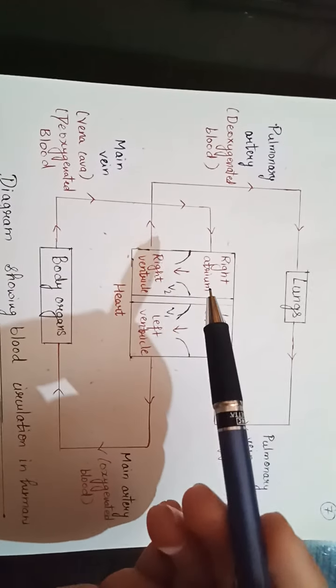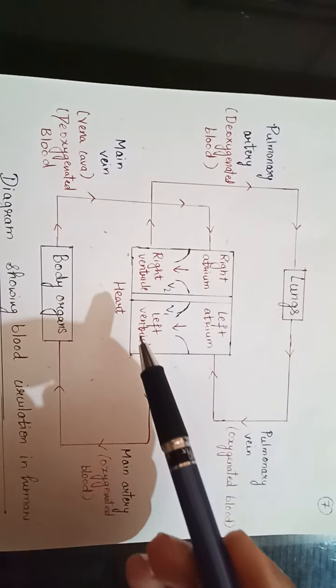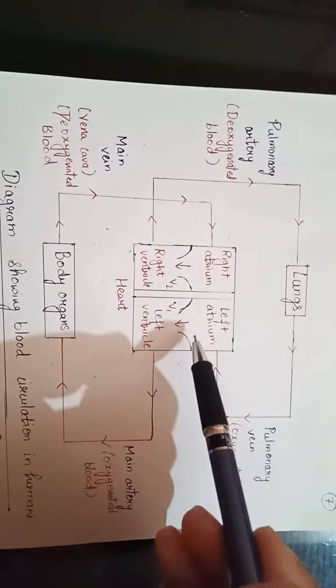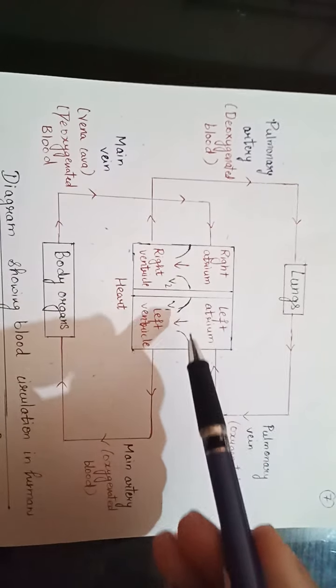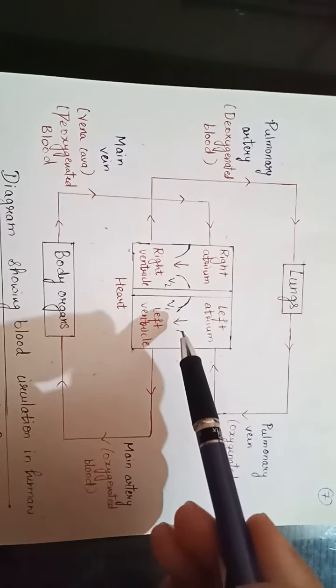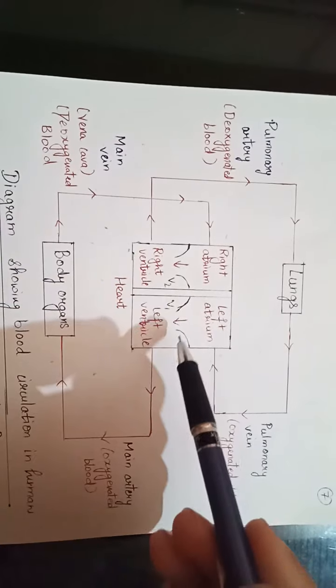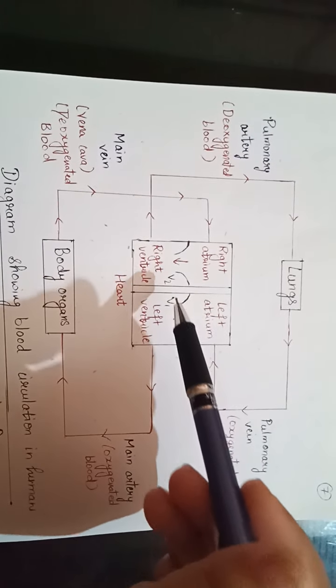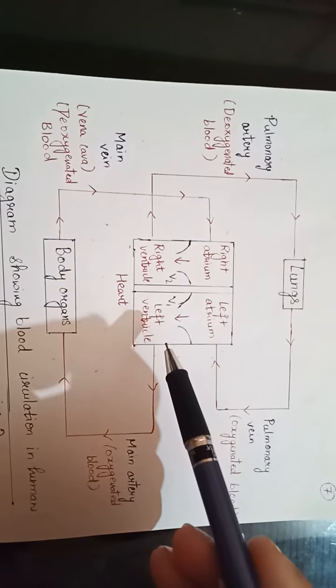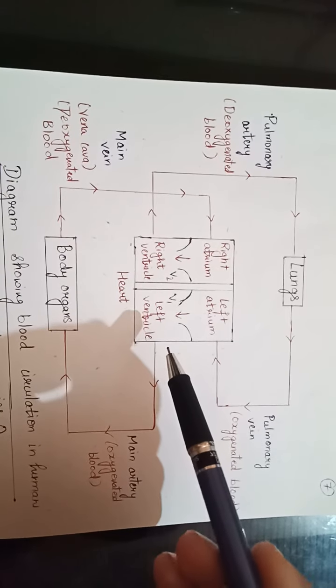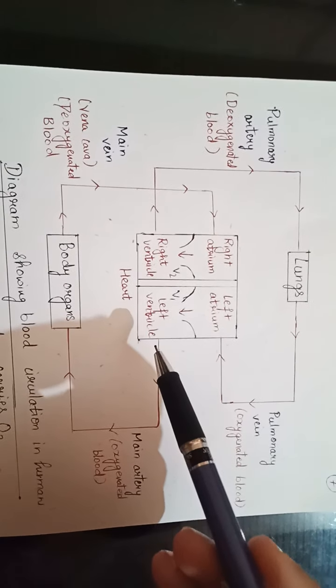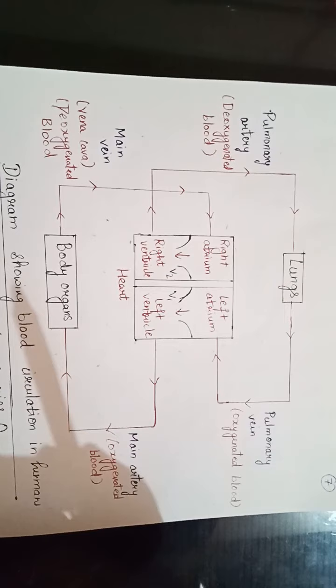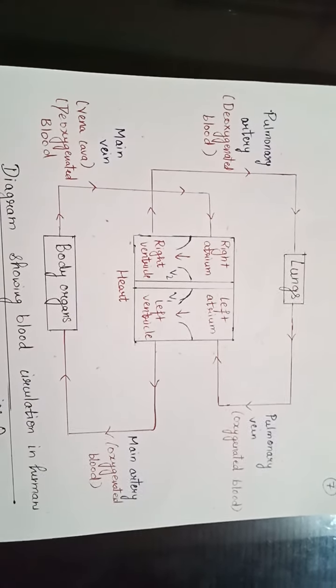It is possible because in the four chambered heart, the left side and the right side of the heart are completely separated, which allows a highly efficient supply of oxygen to the body cells, which is necessary for producing a lot of energy.